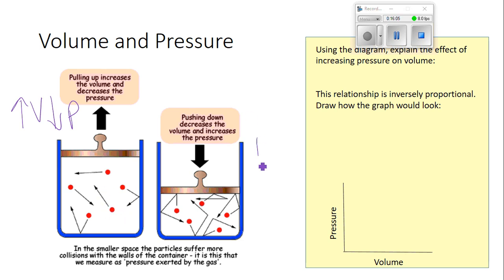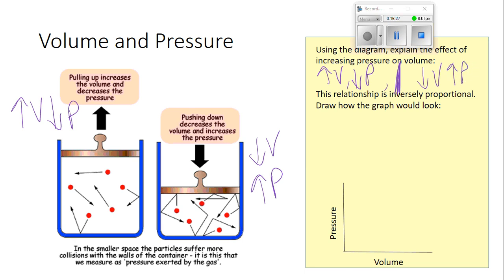But here, if I decrease the volume, I increase the pressure. So I really need to think about, okay, so if I increase the volume, I decrease the pressure, or I can also write here that when I decrease the volume, I increase the pressure.